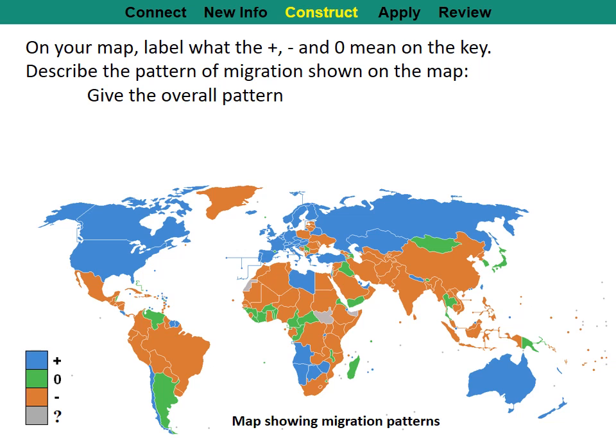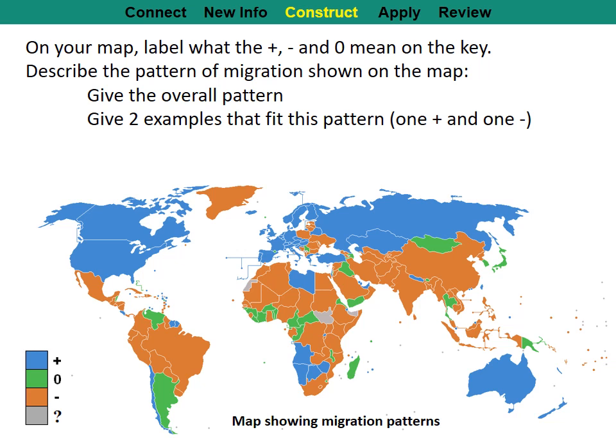And that's kind of obvious, isn't it, really? You're not going to move from one country to another where the country's level of development is very low. You're going to move to a country where there's more chance of you getting a job, of your life improving. That's why you're going to migrate, isn't it? So there's no surprises there. So we can give a couple of examples then here to fit the pattern. So we've said, yeah, give the overall pattern.